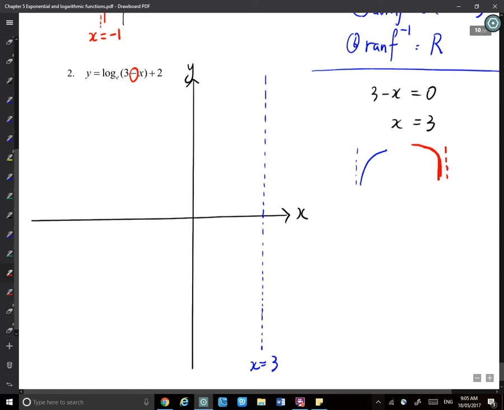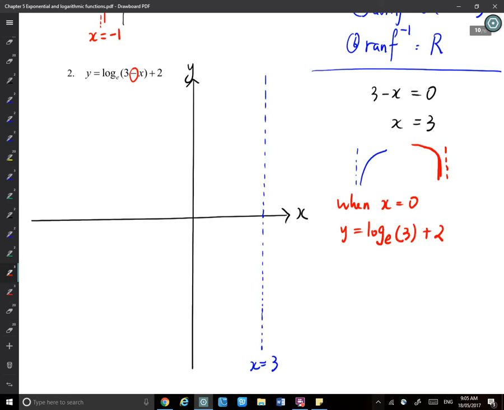So therefore, your graph will be like that. But let's find when x equals 0. When x equals 0, y equals log e 3 plus 2. Well, you don't really know what it is, but you know it's a positive number.